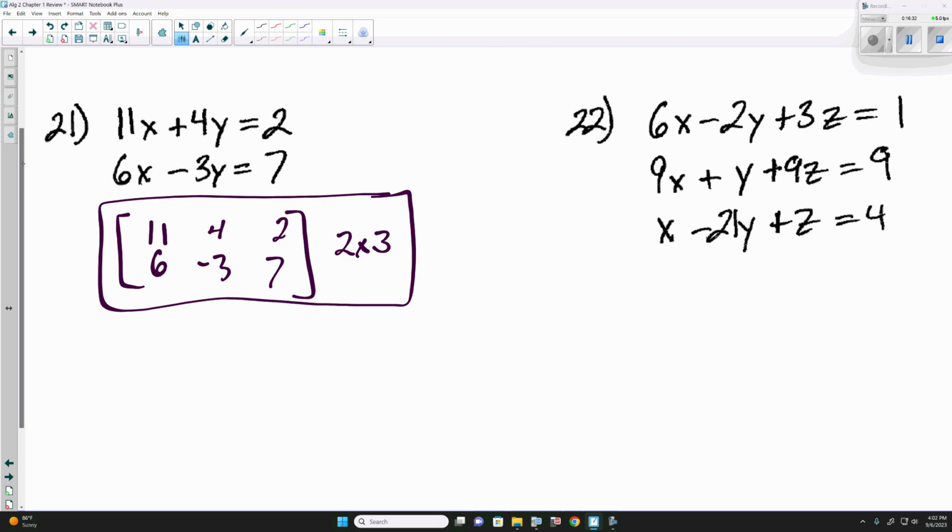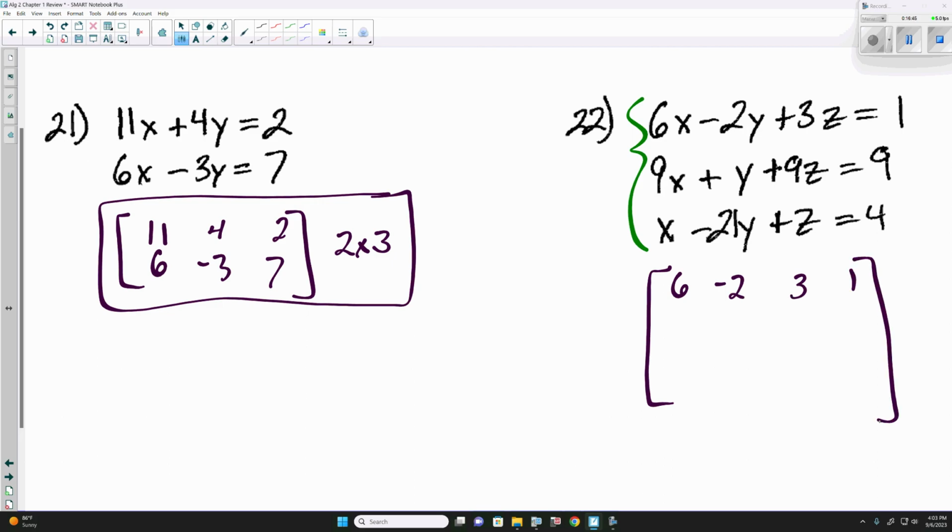The next one we have is 22. Now in all three equations, x, y, z are written in the correct order, so we can go on and just write it. So we'd have 6, negative 2, 3, 1. Our next one's going to be 9, 1, 9, 9. Our last one, 1, negative 21, 1, 4.